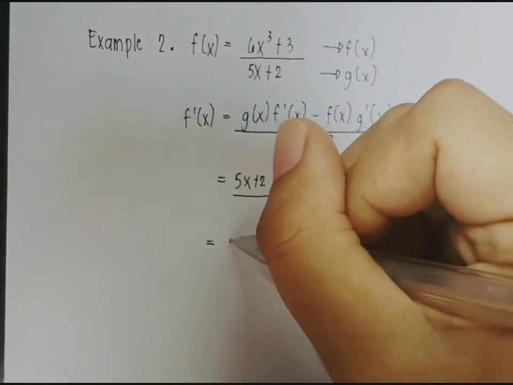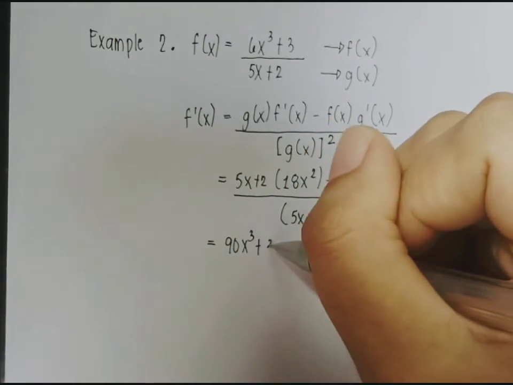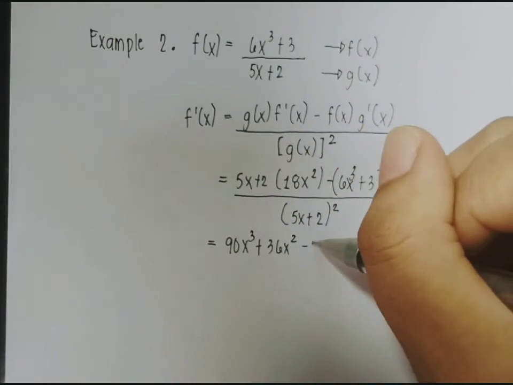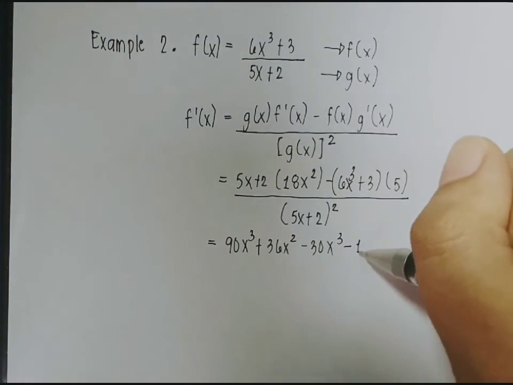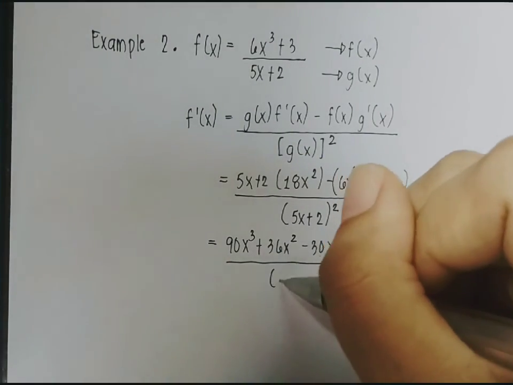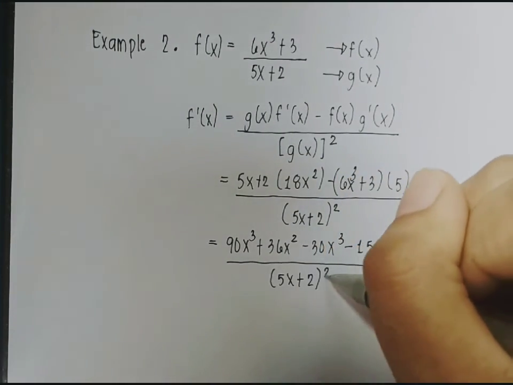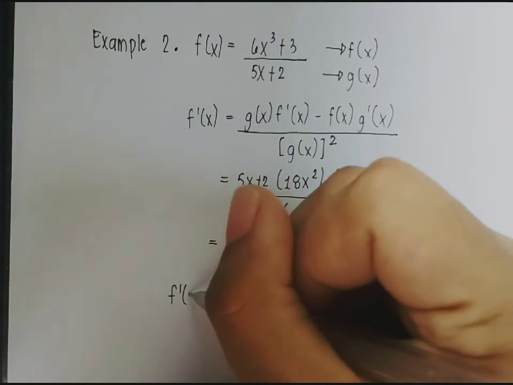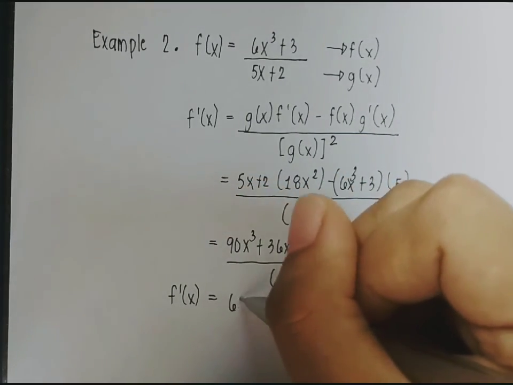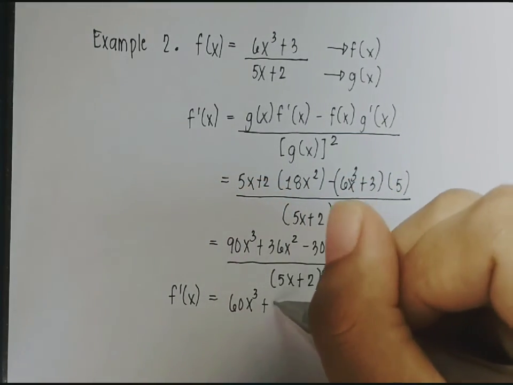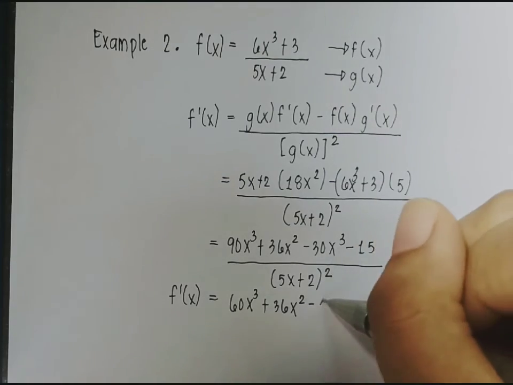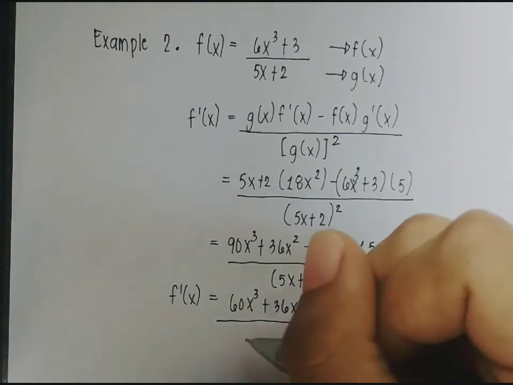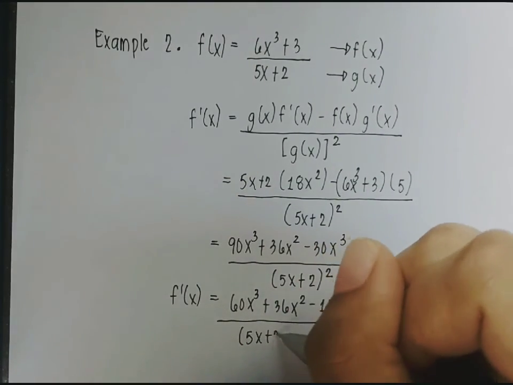Using the distributive property, we get 90x cubed plus 36x squared minus 30x cubed minus 15 all over 5x plus 2 squared. Then we combine similar terms and the answer is f prime of x equals 60x cubed plus 36x squared minus 15 all over 5x plus 2 squared.